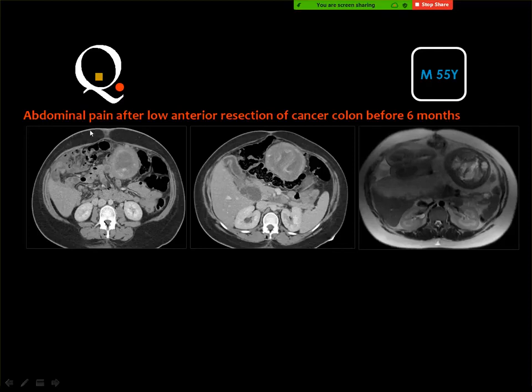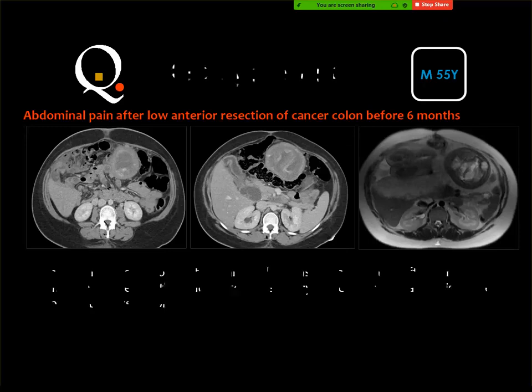This patient presented with abdominal pain after low anterior resection of colon cancer 6 months ago. Peritoneal seeding, chocolate cyst? No. And this lesion is away from the operative site.